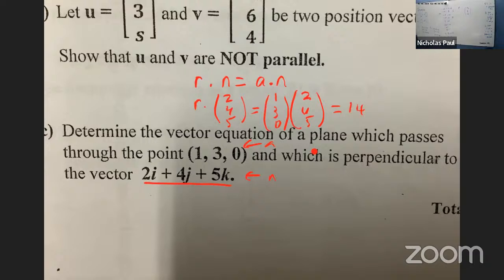What do I do to get the Cartesian, Caleb? Caitlin? What do I do to get the Cartesian? So the vector equation is r dot (2, 4, 5) is 40.